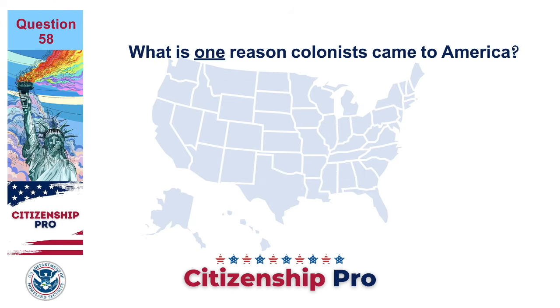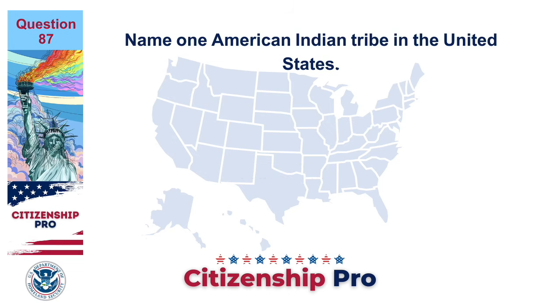What is one reason colonists came to America? Freedom. Name one American Indian tribe in the United States. Cherokee.